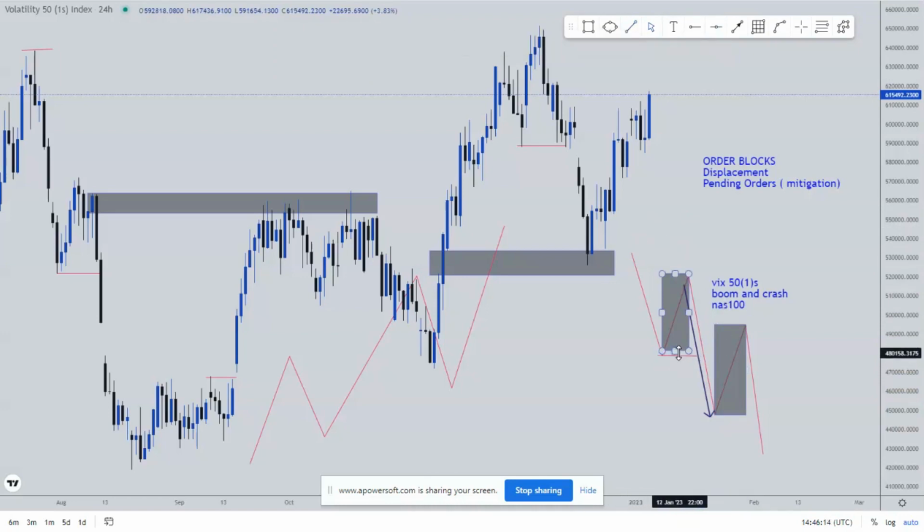We broke structure there, and then we had this impulse run that broke structure. Along this path, we could have some bullish ranges, some bullish candles that are going up.